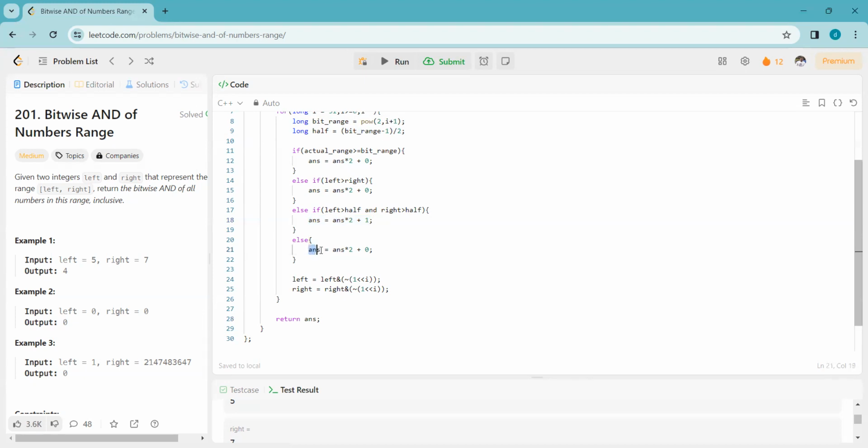Else, that means the range contains either all zeros or some zeros and some ones. And then we are doing a left shift of 1 and doing the AND operation.